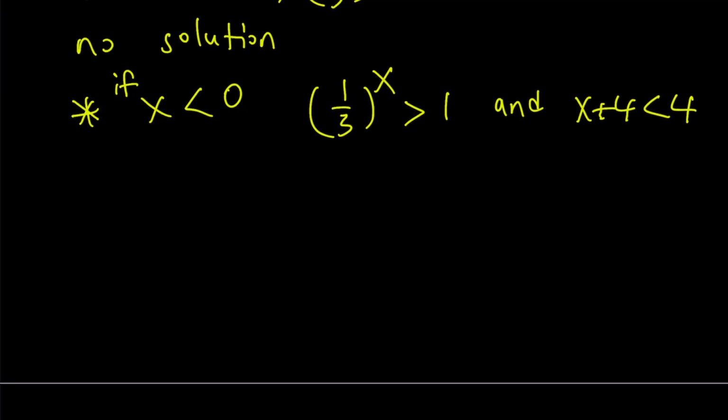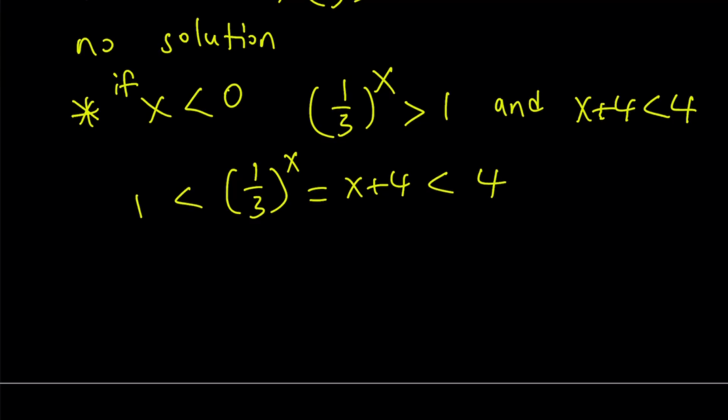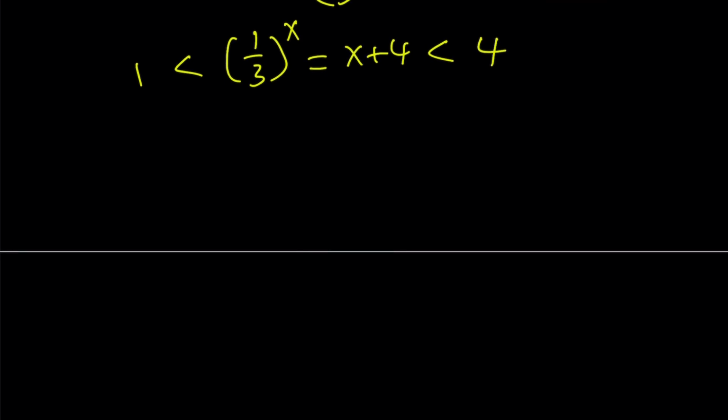Great. So the left-hand side is greater than 1 and the right-hand side is less than 4. Therefore, we have to check the intersection, which exists. So our y value, of course, in this case, either this or that, because they're equal, has to be between 1 and 4. Great. So we're basically going to be looking for a solution in this interval.